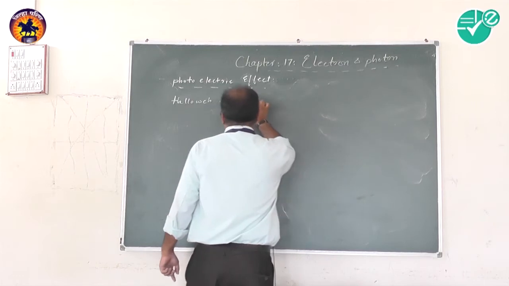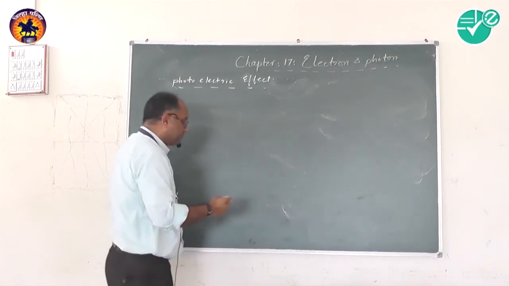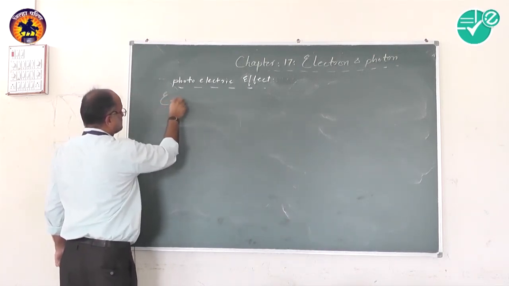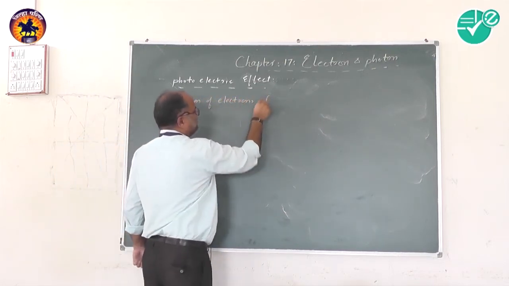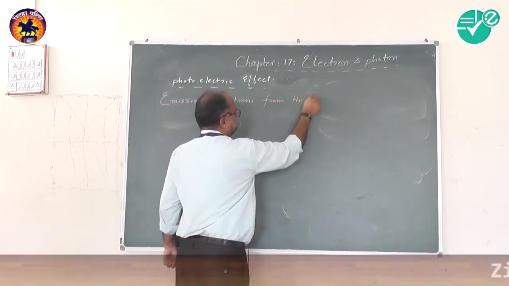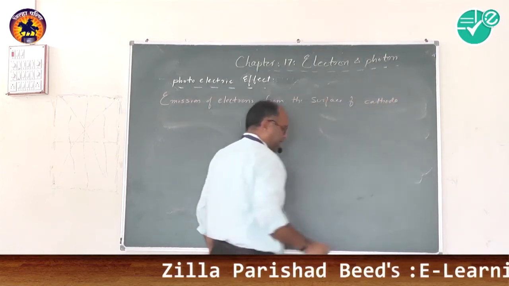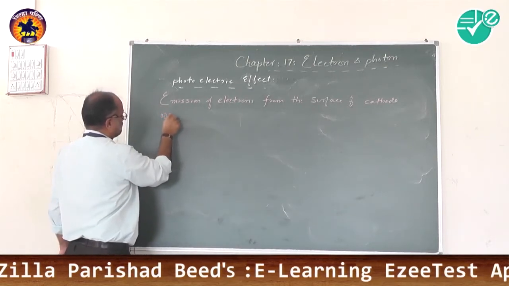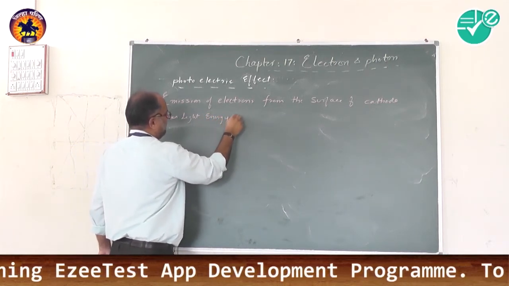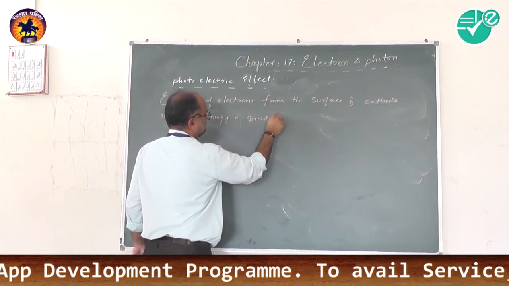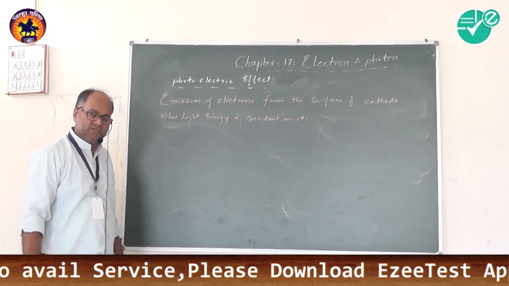So what will be the definition of the photoelectric effect? The definition is: emission of electrons from the surface of a cathode when light energy is incident on it is called photoelectric emission.